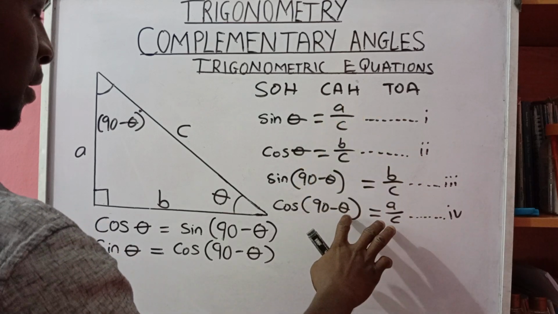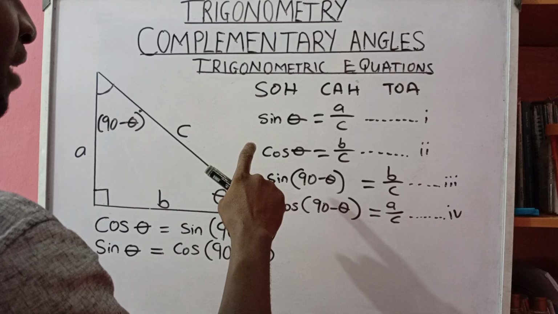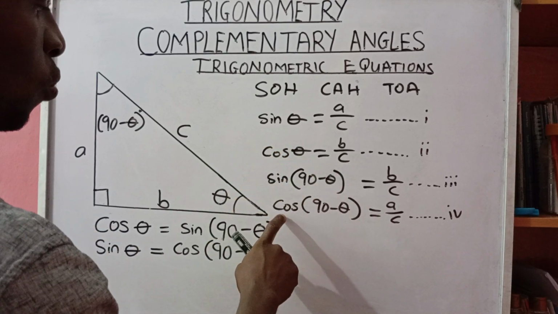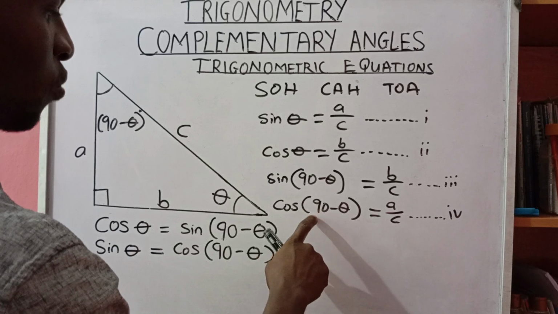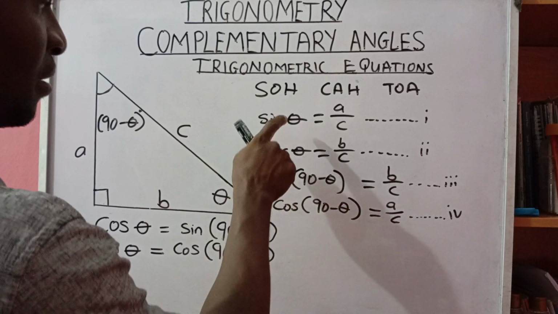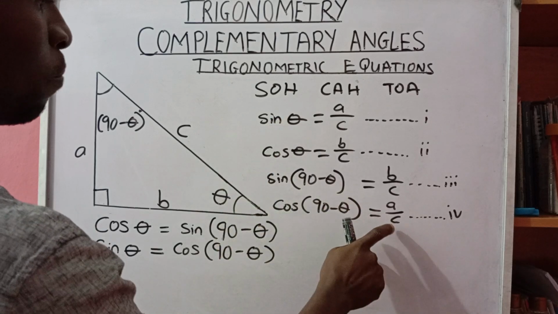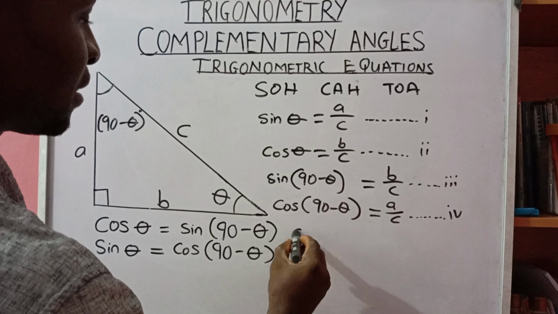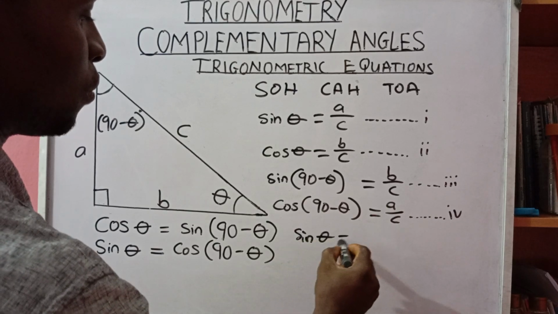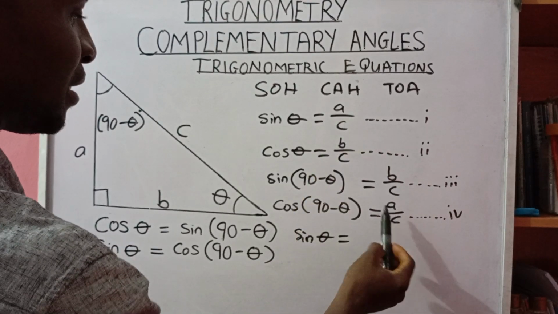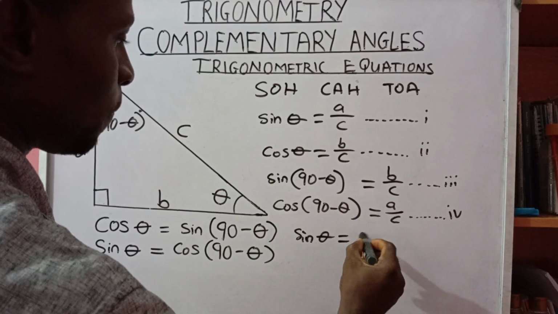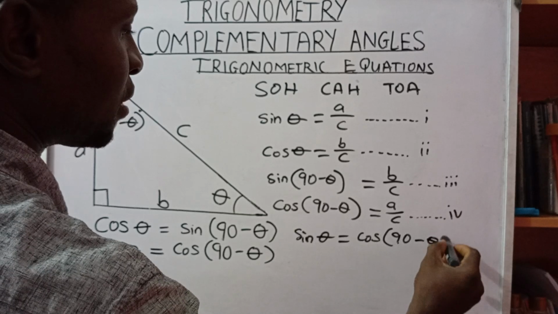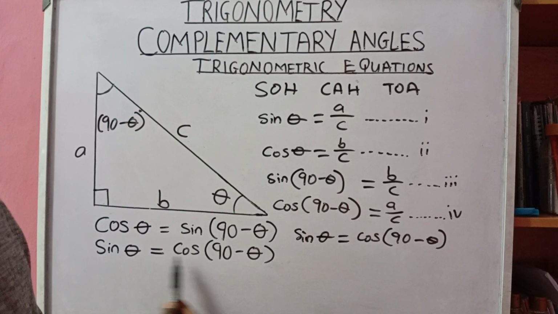So sine theta is equal to cos of 90 minus theta, because they produced the same result. And that is exactly what we have here.